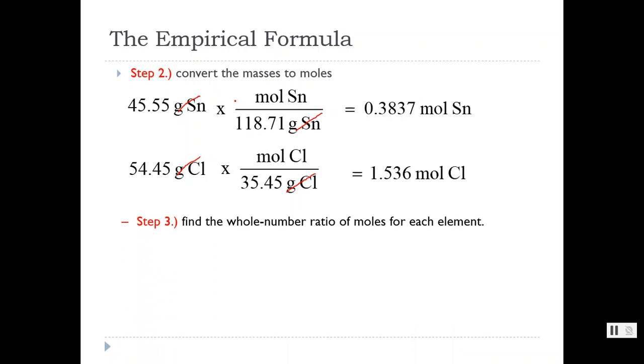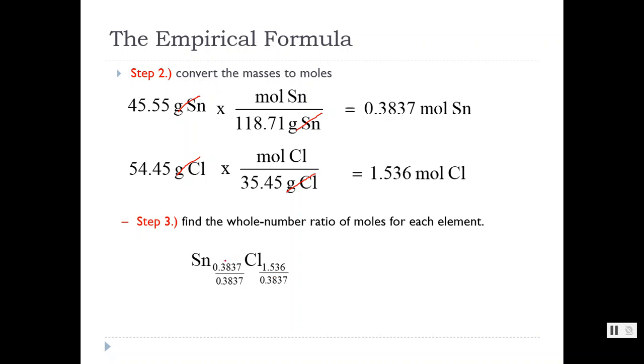The next step is to find the whole number ratio of moles for each element. If you remember, empirical formula is the simplest whole number ratio. I can't just have these decimals be subscripts. So to find the whole number ratio for each element, I look at the moles that I'm given and I divide each by the smallest number.